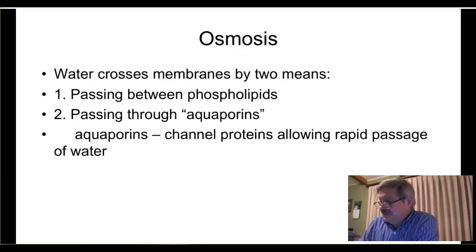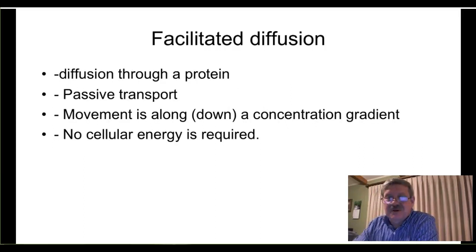Okay, so let's go on over to this other topic now. And we're still in Chapter 5 for General Biology 1, and it's Section 5.4, which is passive movement of materials into and out of the cell.